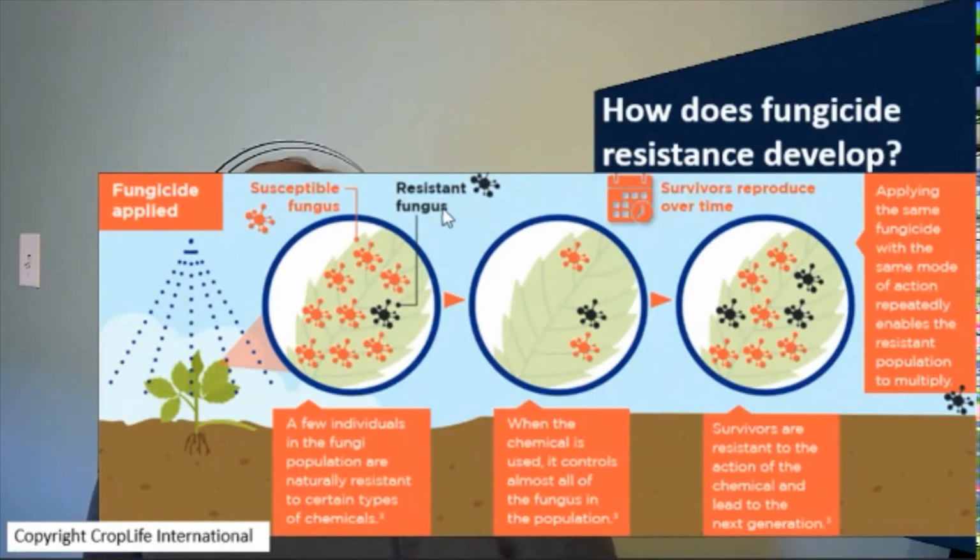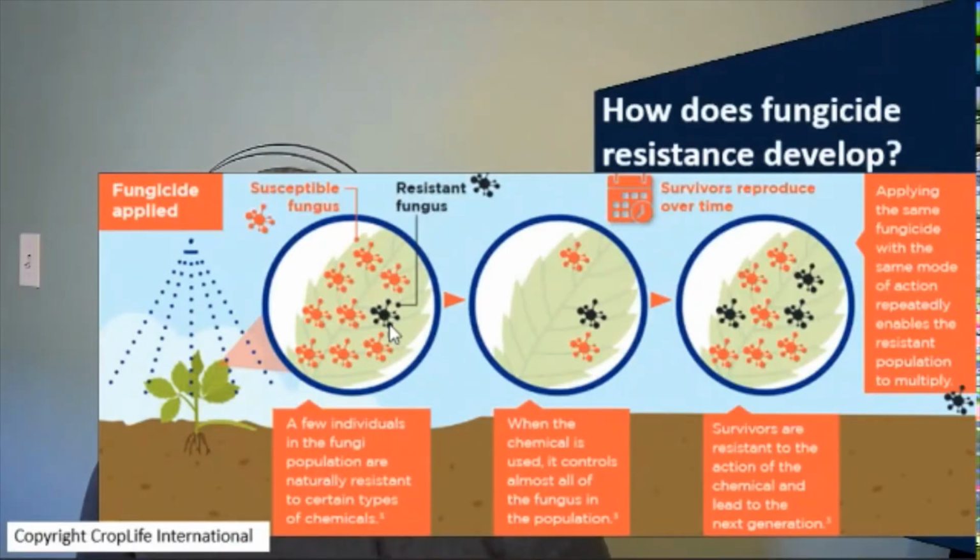So we have a fungus population in the field. The population isn't going to be completely the same genetically. You're going to have some inherent genetic diversity of the fungus in the field, including likely some individuals that have some resistance to the fungicides that you're applying.